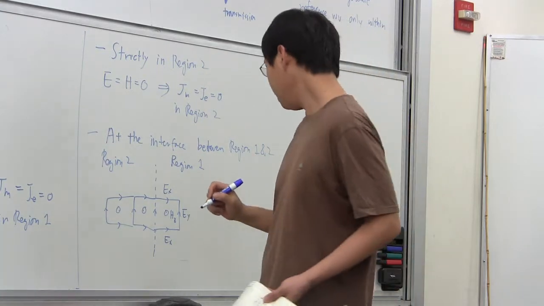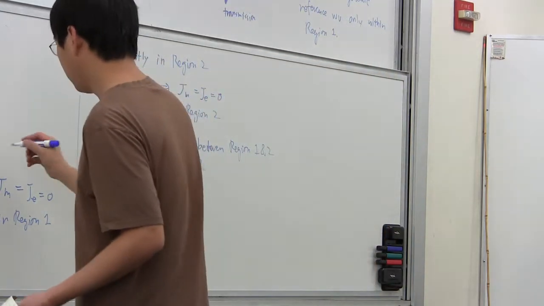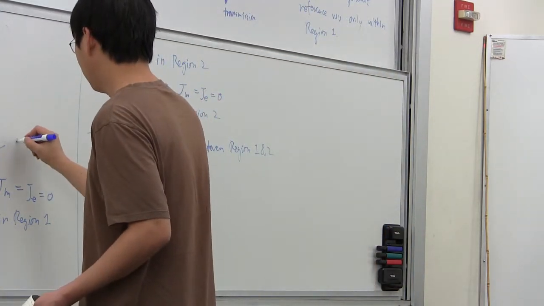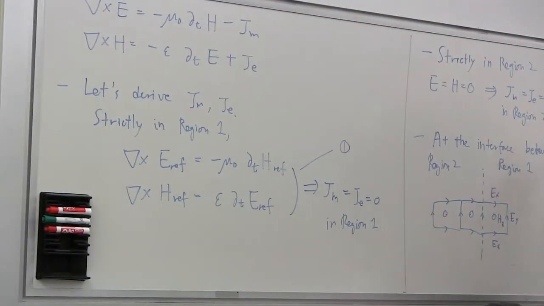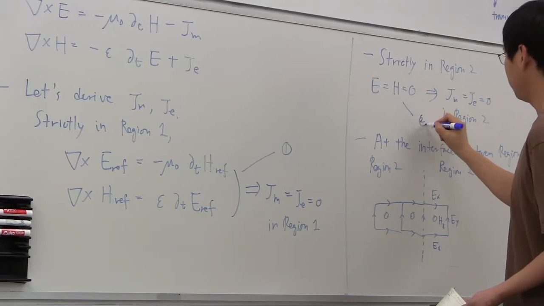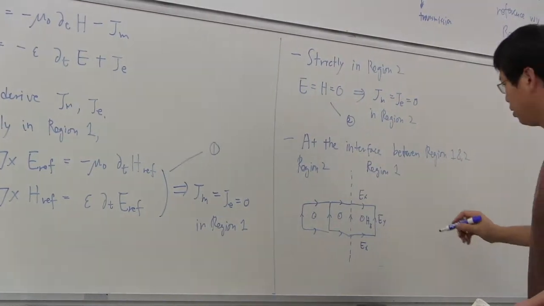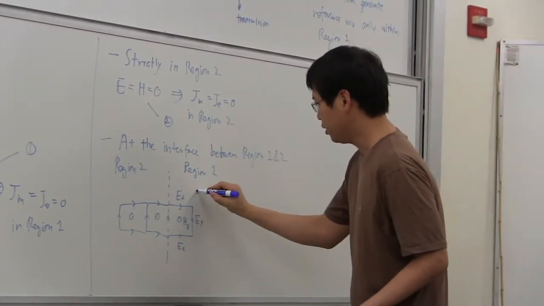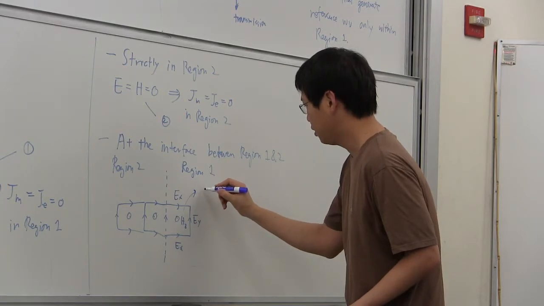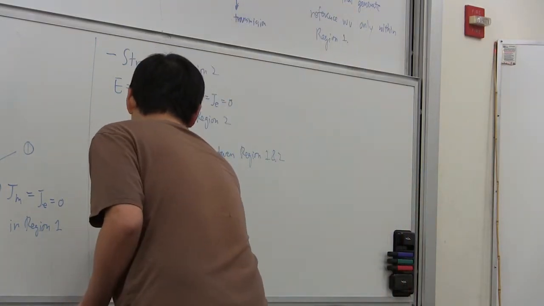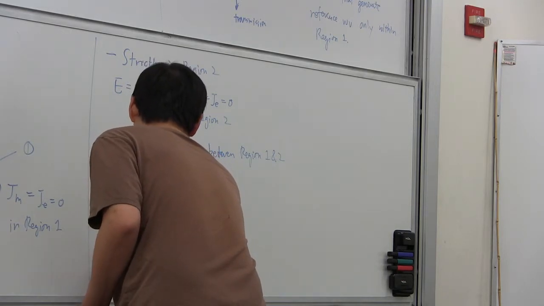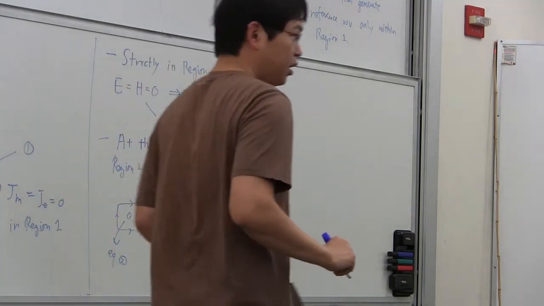I'll call this equation 1, and this equation 2. So in this cell, you satisfy equation 1, and in this cell, you satisfy equation 2.